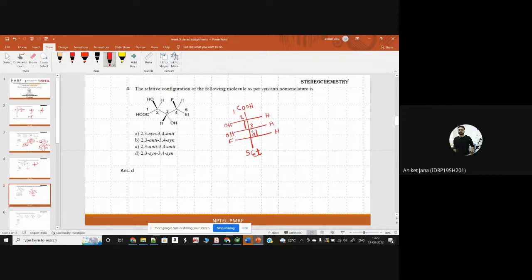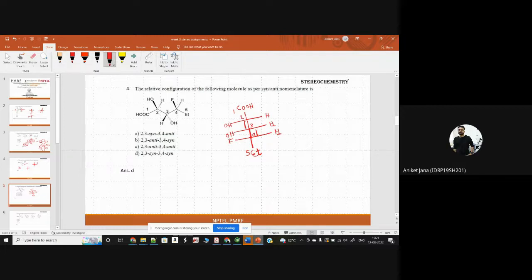And if we look around the 3, 4 bond, then what is the orientation? What is the orientation around the 3, 4 bond? The 3, 4 bond also is syn. Yes, it is syn because the like group hydrogens are in the same orientation.